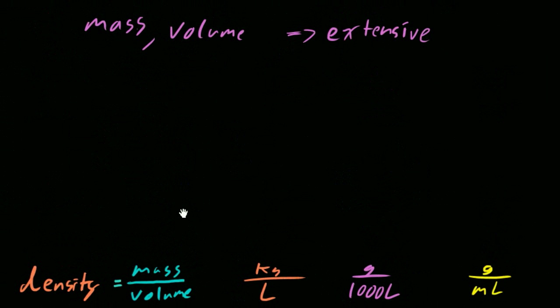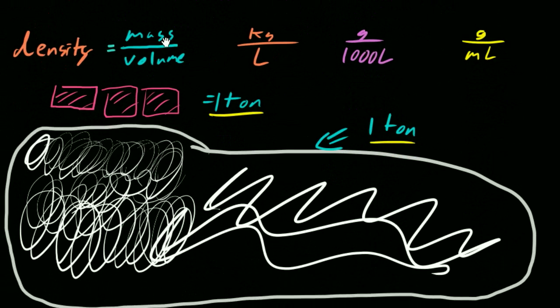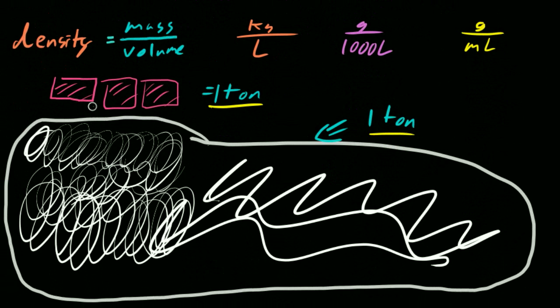So, going back to this example where we had a ton of bricks and a ton of feathers, we can see that the mass for one brick is different than the mass for one feather, and the volume for a ton of bricks is different than the volume of a ton of feathers. And you can imagine that the volume of stuff that we have is directly dependent on how much stuff we're looking at.